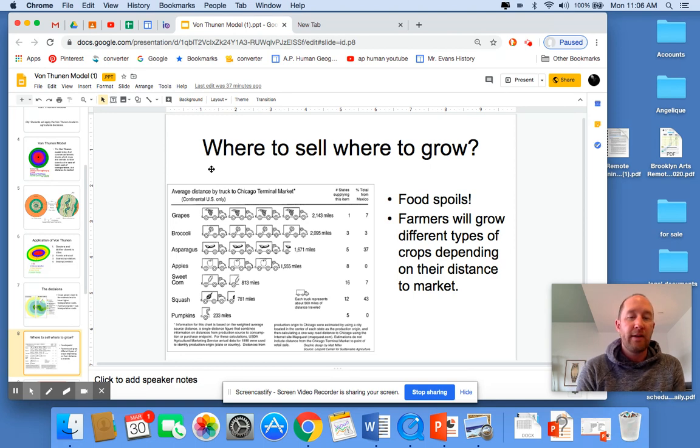This is the idea that crops go bad, crops can rot. The milk and dairy used to spoil. And so the more perishable your products are, the closer you want to be to your market. All right? Because the longer time it takes to transport it, the more likely some of your crops will rot and you won't make a profit off them.